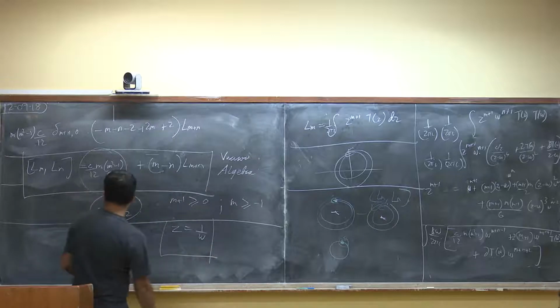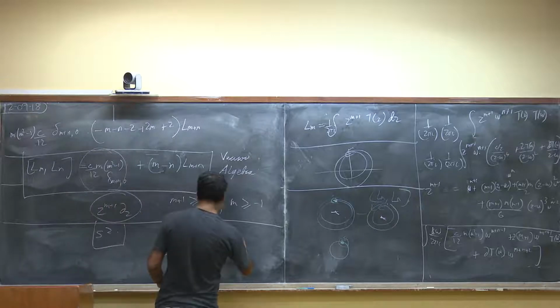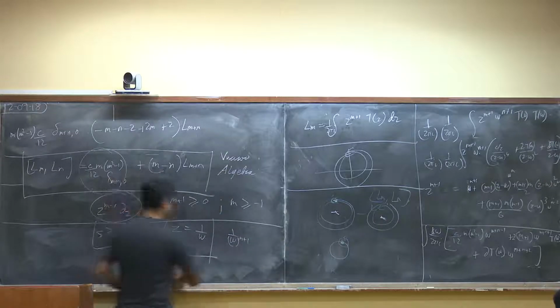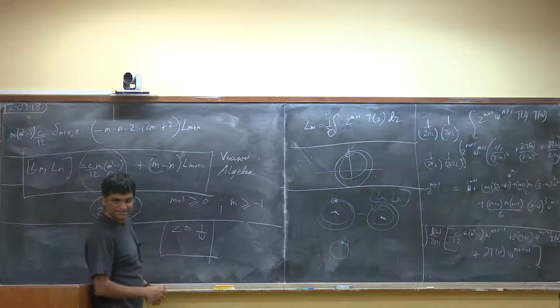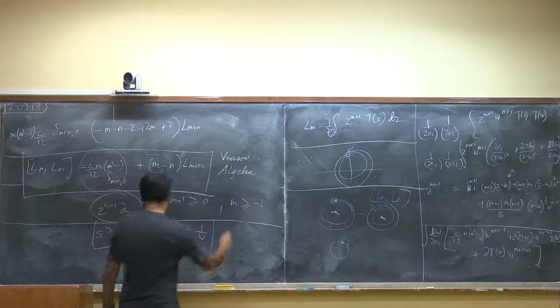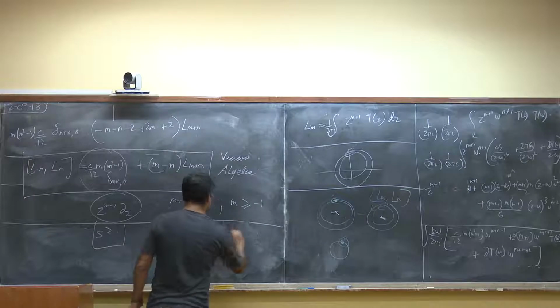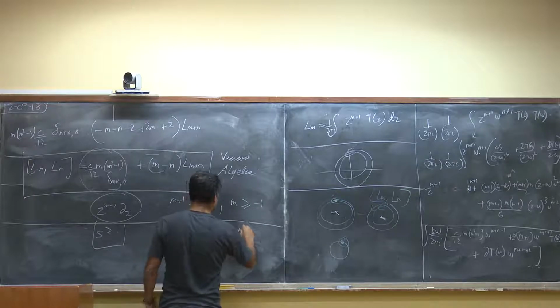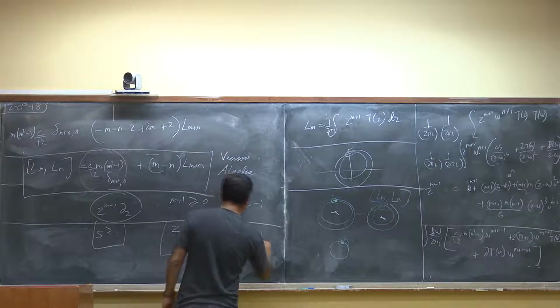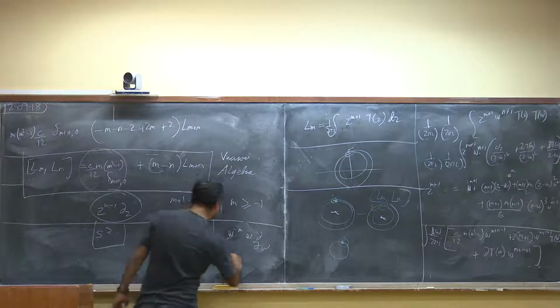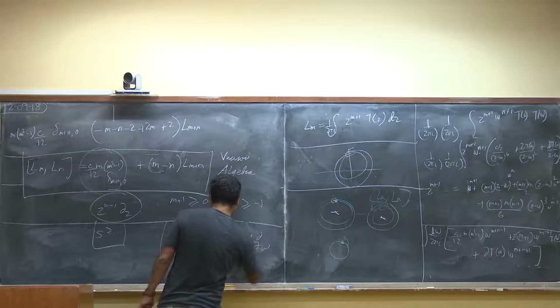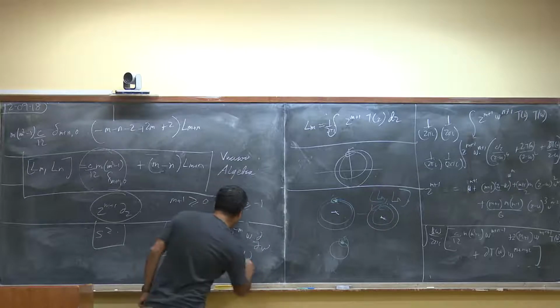What we get now is 1 by w to the power m plus 1, up to psi. You see, z del by del z will go to minus w del by del w. So z to the power m will go to w to the power minus m, and then we'll get w del by del w. So we get w to the power minus m plus 1 del by del w.